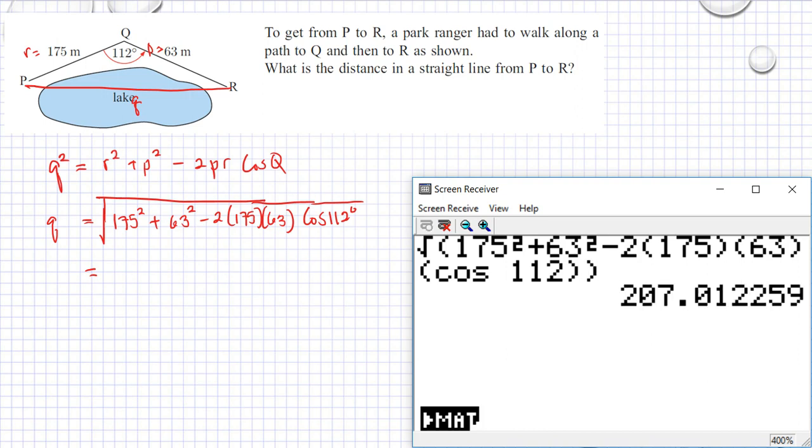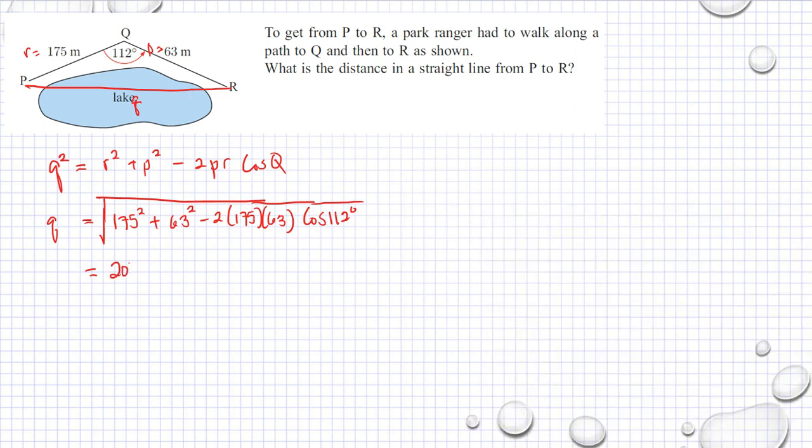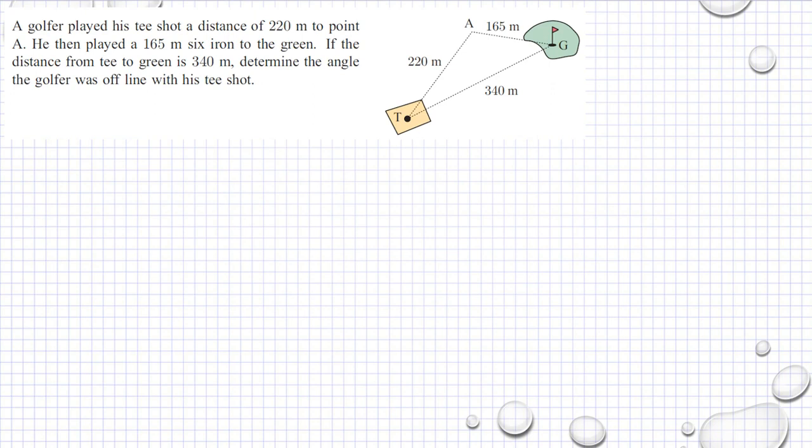Then we get 207. It's about 207 meters, P to R.